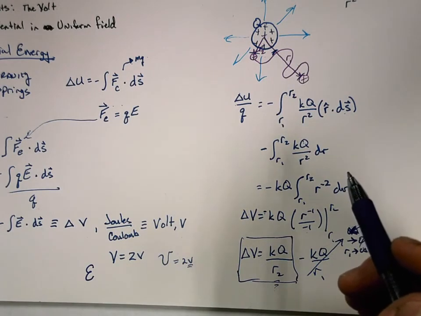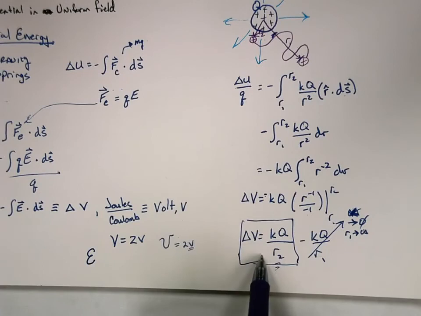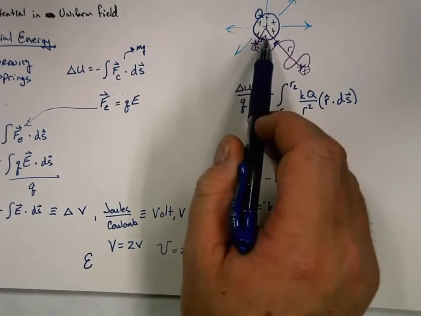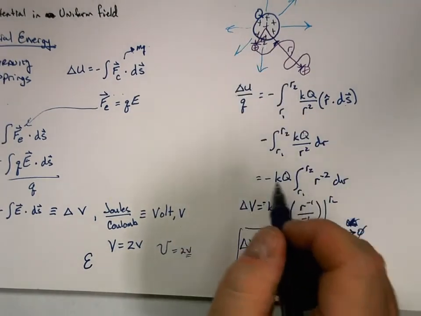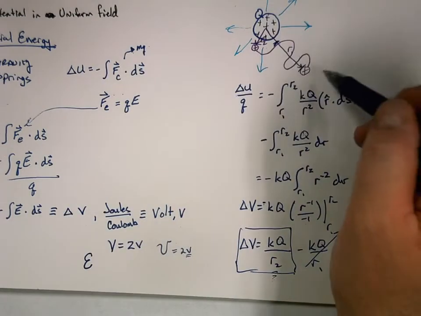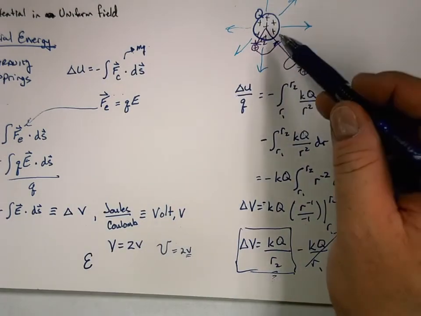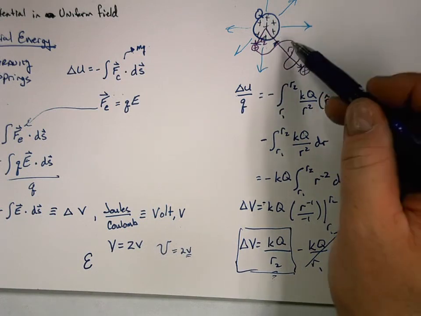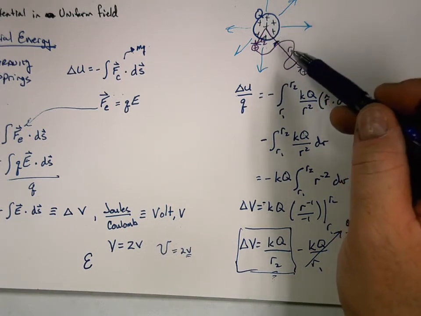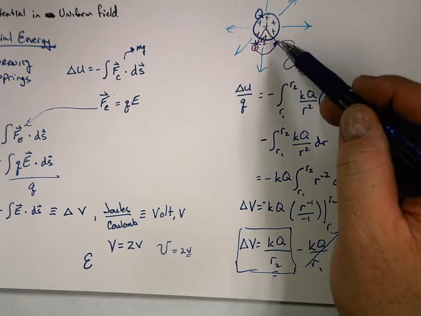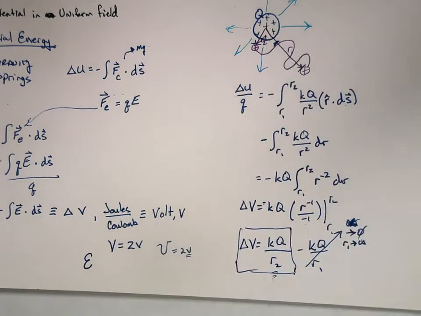We're talking about a positive point charge in a positive electric field, pushing away, right? The potential is pushing away from the center, which gives it a positive potential the closer we get. That makes sense: the closer we get to the charge, the more it pushes away. Therefore, it's a greater potential the closer we get, as opposed to a greater potential the further away we get for a gravitational pull.